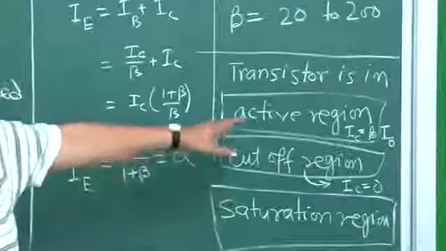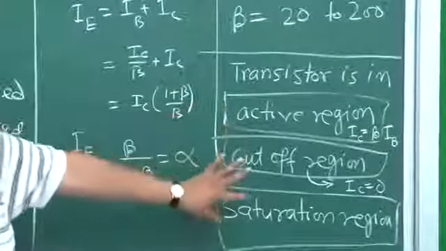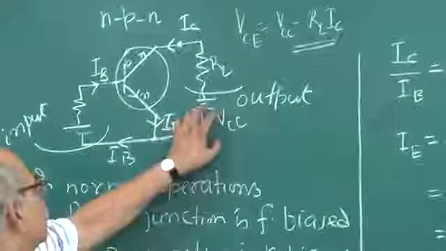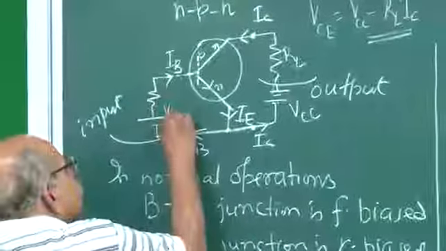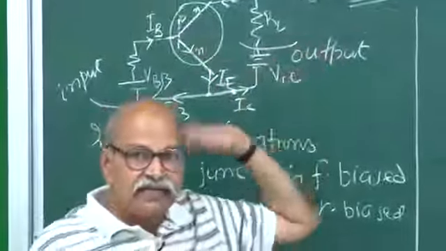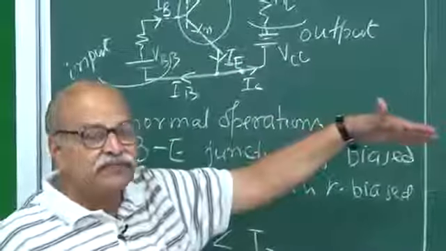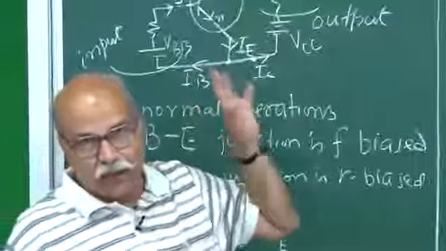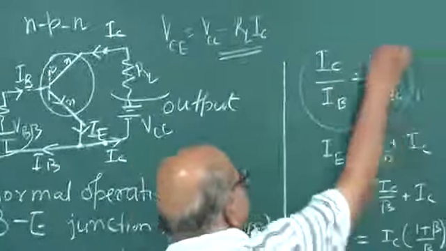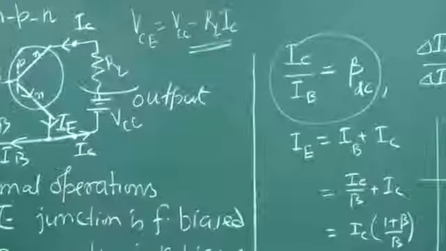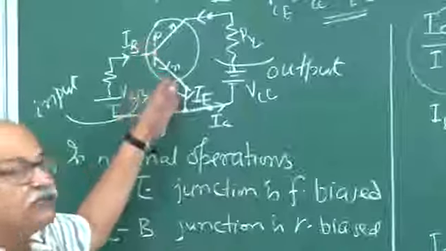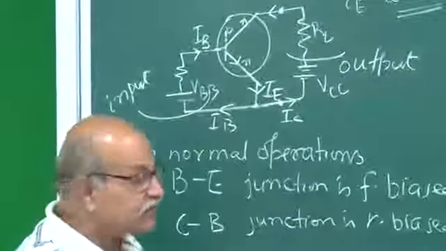So, these are three important regions, in the sense of what kind of currents are here, what kind of voltages are here, what is VCC, what is VBB, what resistance is here, what resistance here. These things will decide whether we are in the active zone, where both the junctions are okay and our relation holds. Then we have the cutoff region, where the forward biasing of base emitter itself is weak, and therefore nothing is happening; that is cutoff.